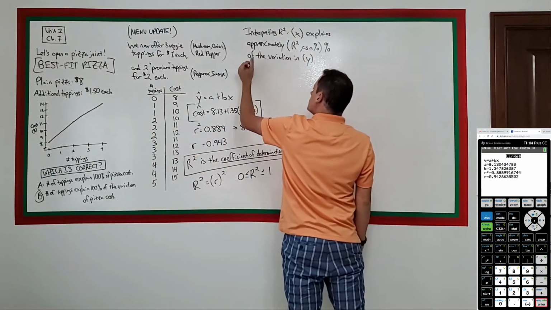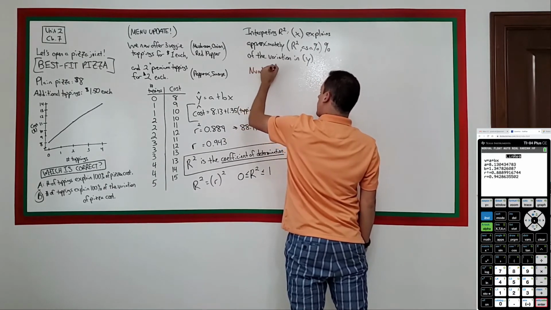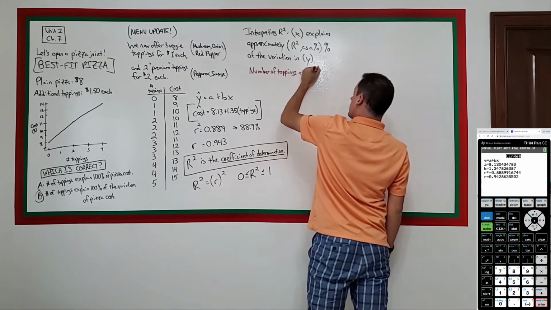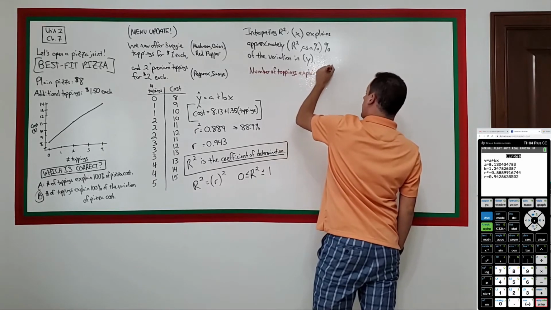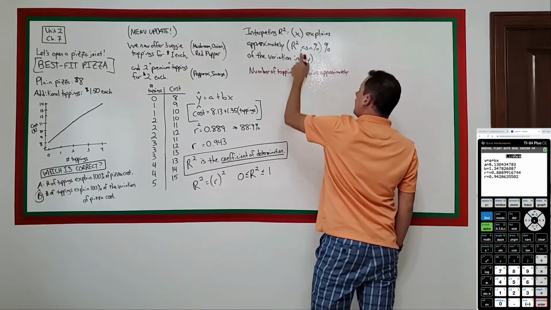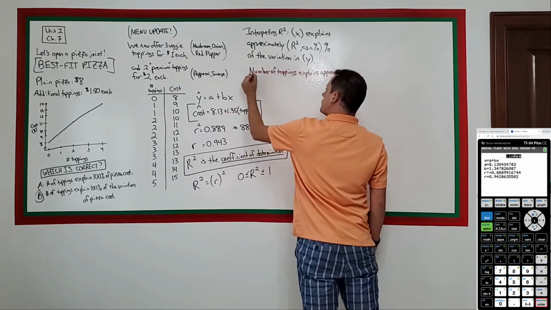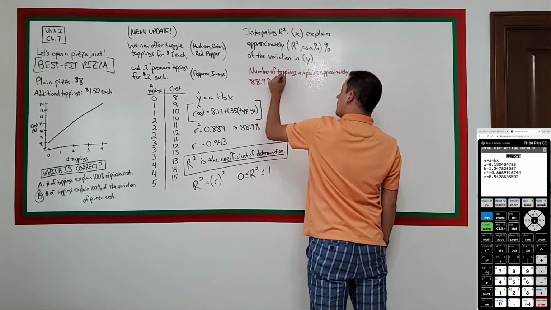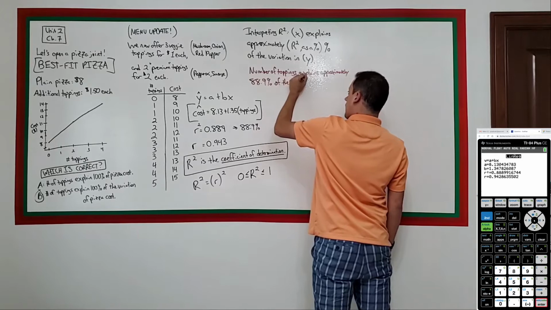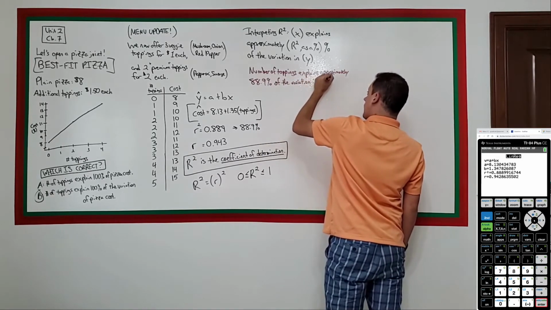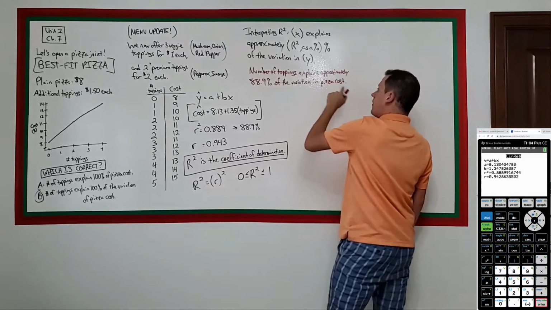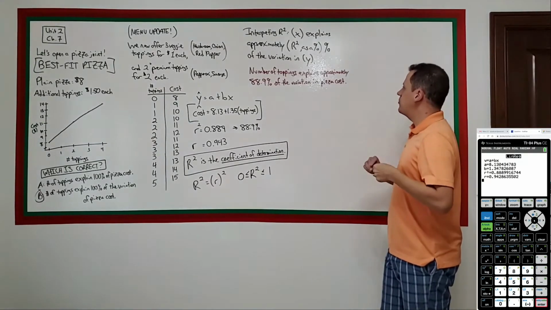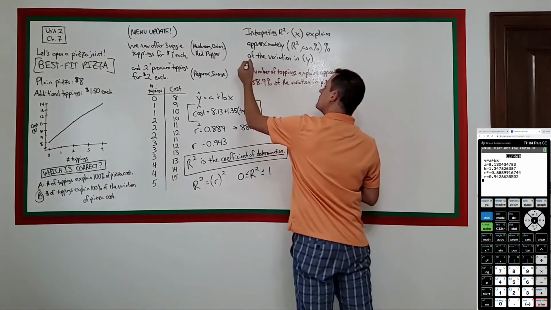So the number of toppings explains approximately R squared as a percentage, 88.9% of the variation in pizza cost. Number of toppings explains approximately 88.9% of the variation in pizza cost.